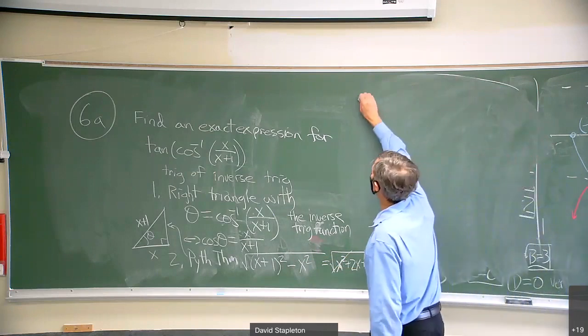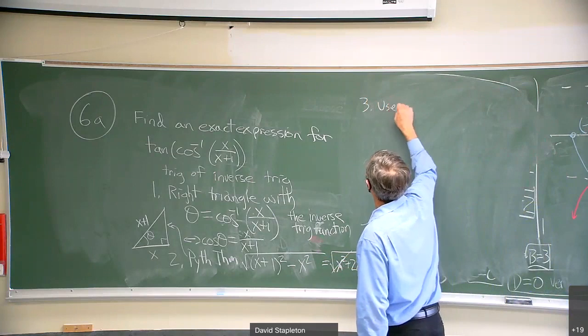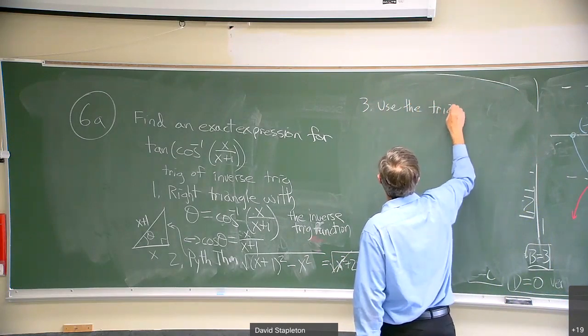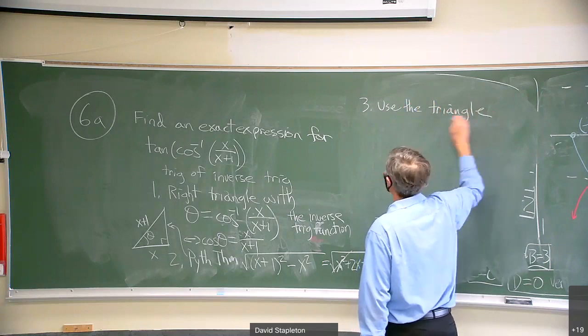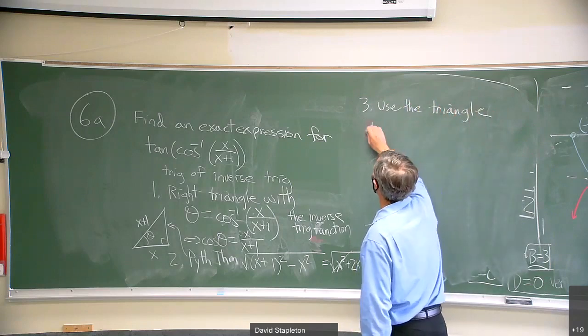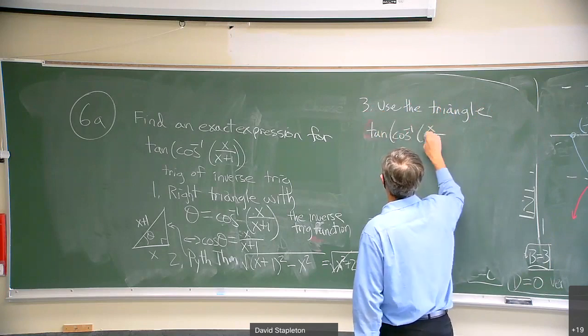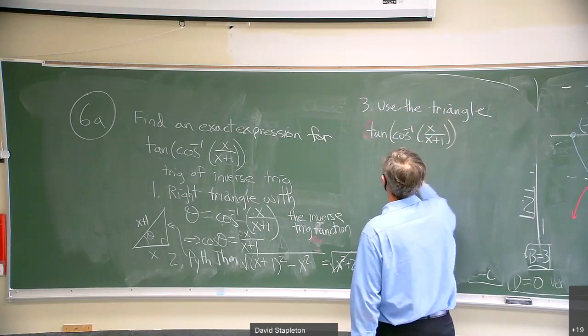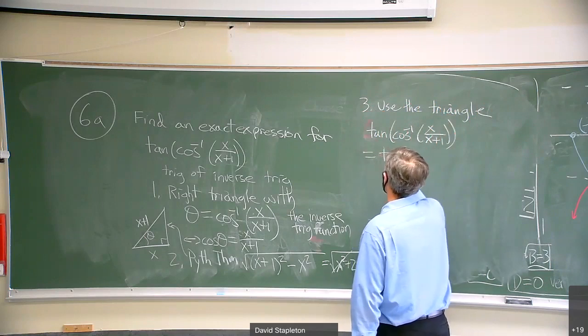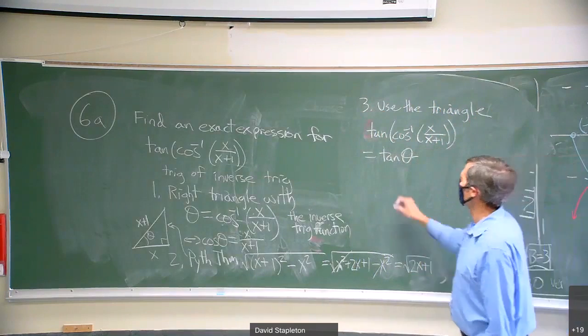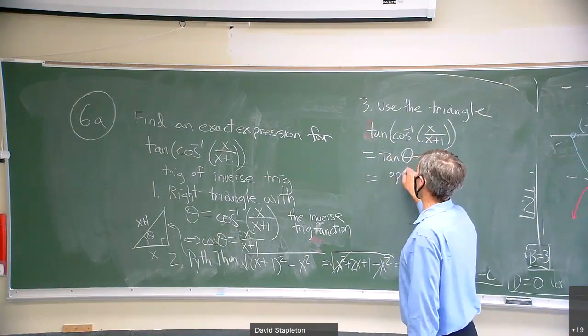Step 3 is just use the triangle to evaluate the expression. Tangent of the arc cosine of x over x plus 1 is the tangent of theta, because we drew the triangle that way. We made theta the arc cosine. What's the tangent of theta? It's the opposite over the adjacent.